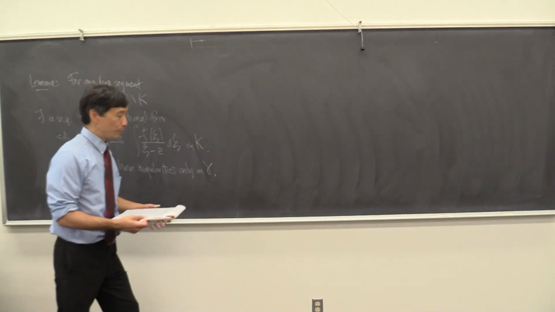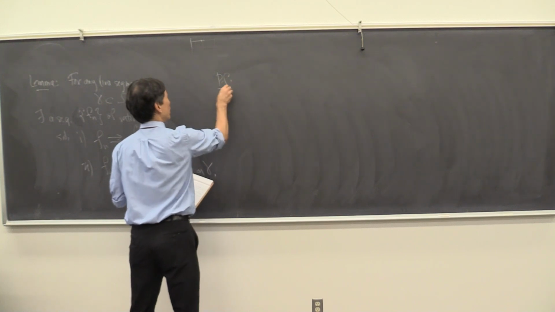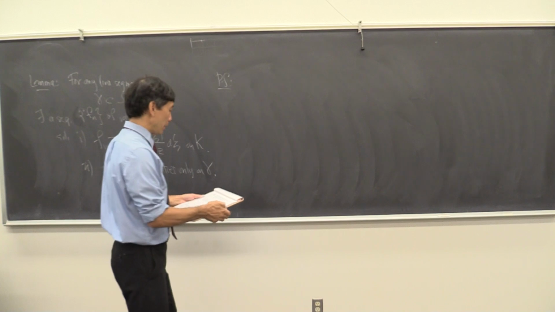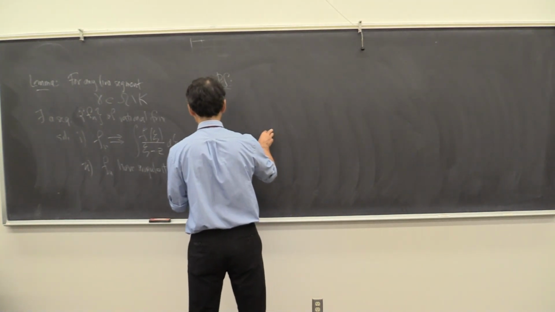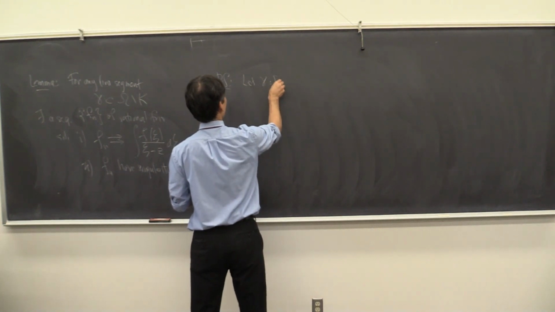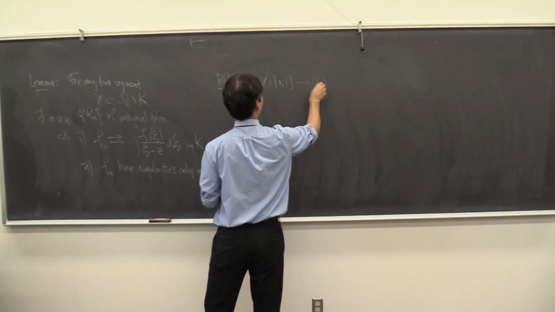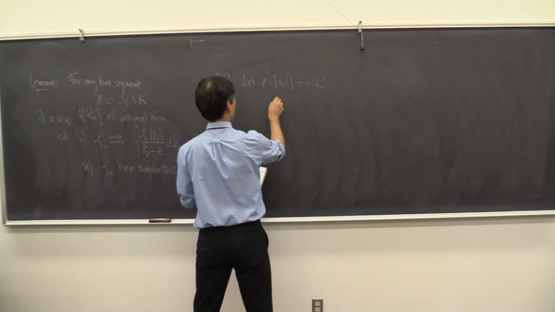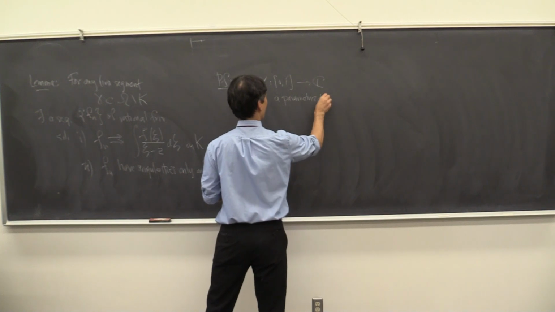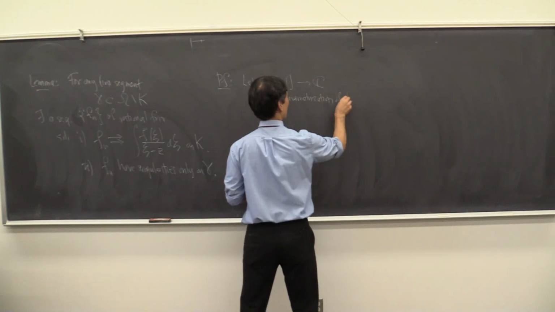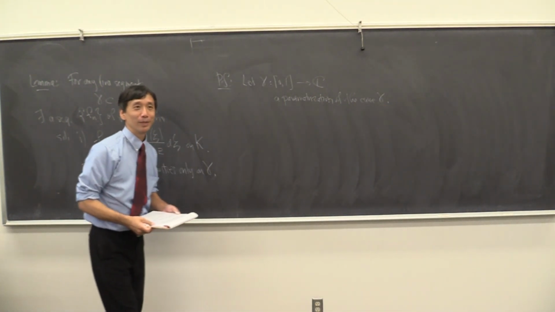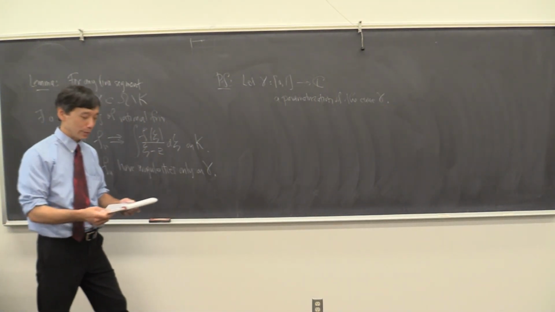The proof is basically to use the Riemann sum trick that we did before. Suppose we have a parametrization of the curve gamma. This is bad notation, but gamma is the curve and gamma is also the parametrization.